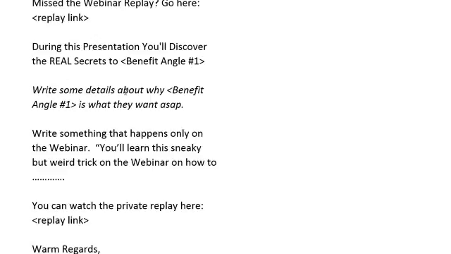Write some details about why benefit angle number 1, or number 2, or 3, or 4, or 5 is what they want ASAP, or as soon as possible. Obviously this little blurb is just addressing you to write some details about benefit angle number 1. You can create bullets of why and elaborate further in detail.